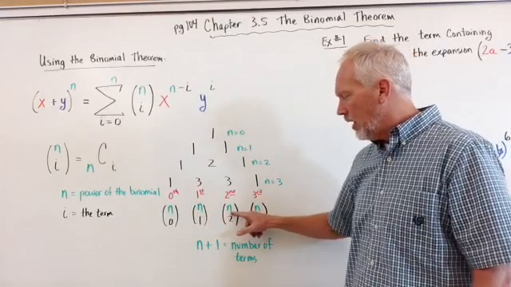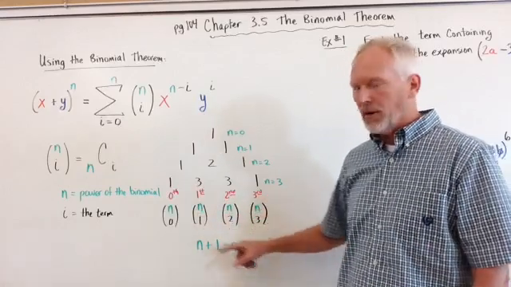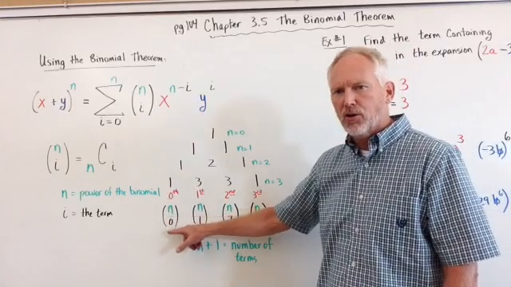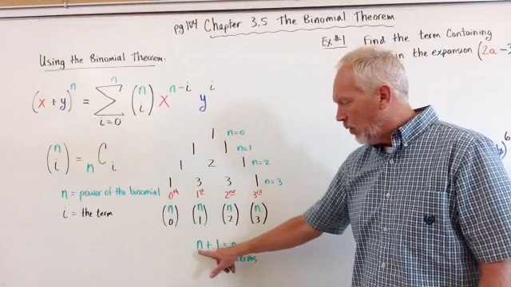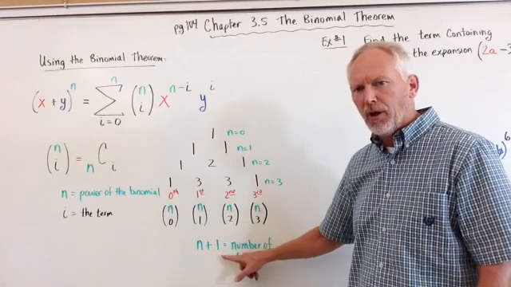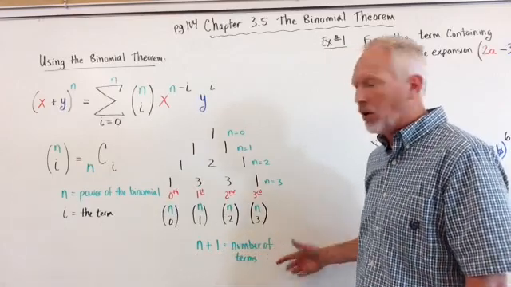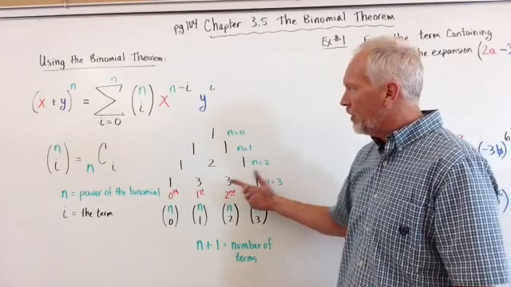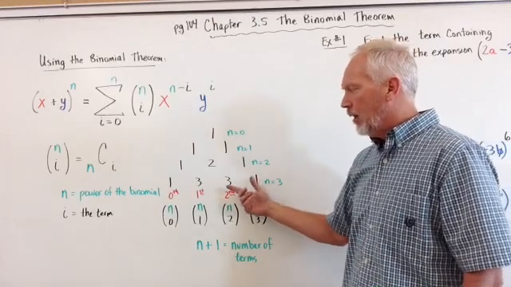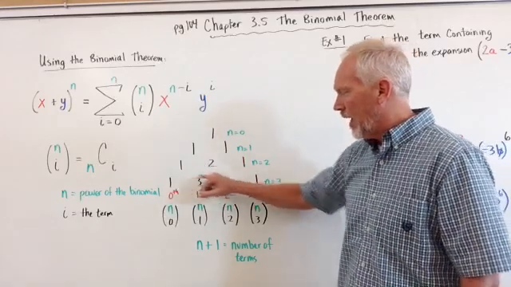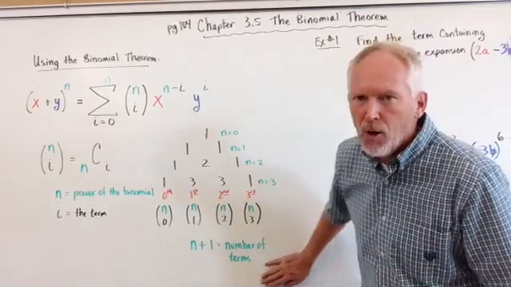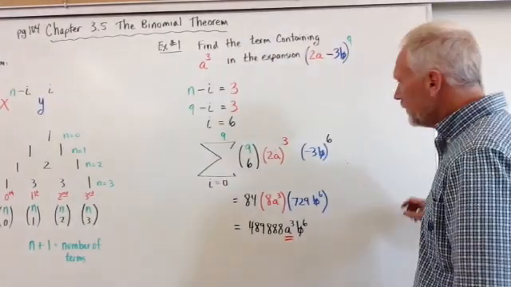So n choose 1, n choose 2, n choose 3. If you use n choose 1 over here, it's going to get a little sticky. So what we always want to think of is n plus 1 is the total number of terms given. So we might think that this is a binomial where the n value is 3, but look, it has 4 terms to it.